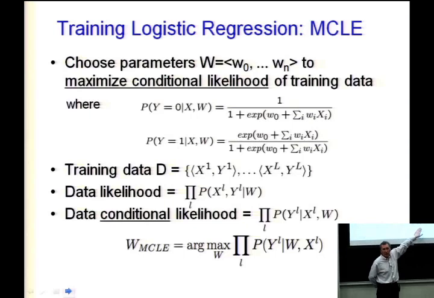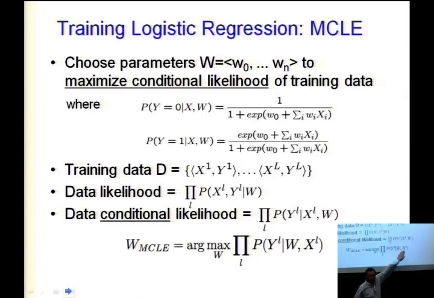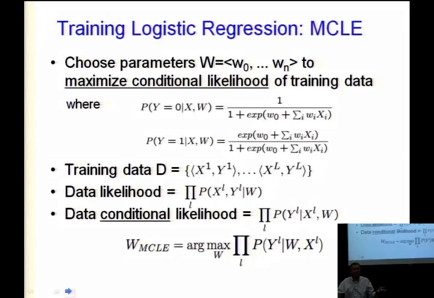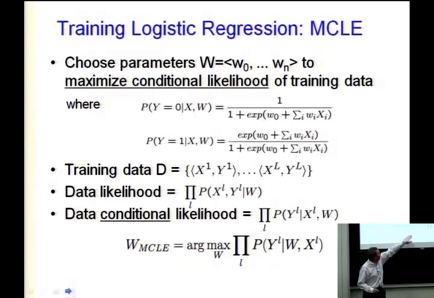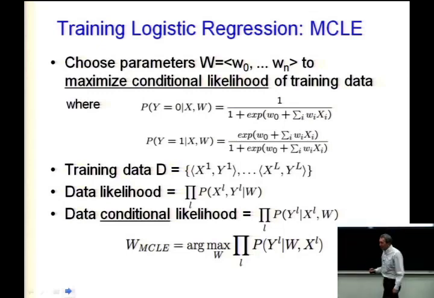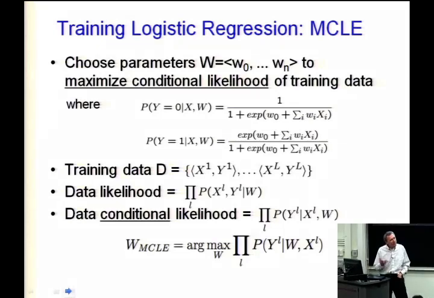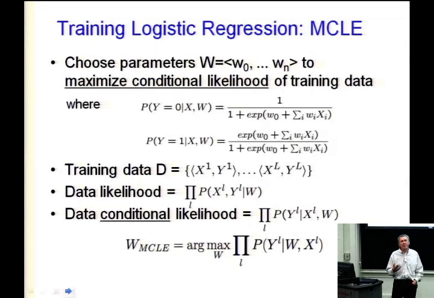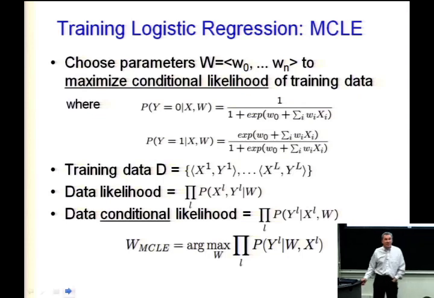So this is the product over every training example of the probability that we actually would have observed that Y given the X's that we observe and the W that we choose. And that's why we want to choose the W that makes it most probable. So it's the same story as maximum likelihood estimation, except we realize the thing we really care about is just the conditional distribution, and therefore we'll use the conditional likelihood.